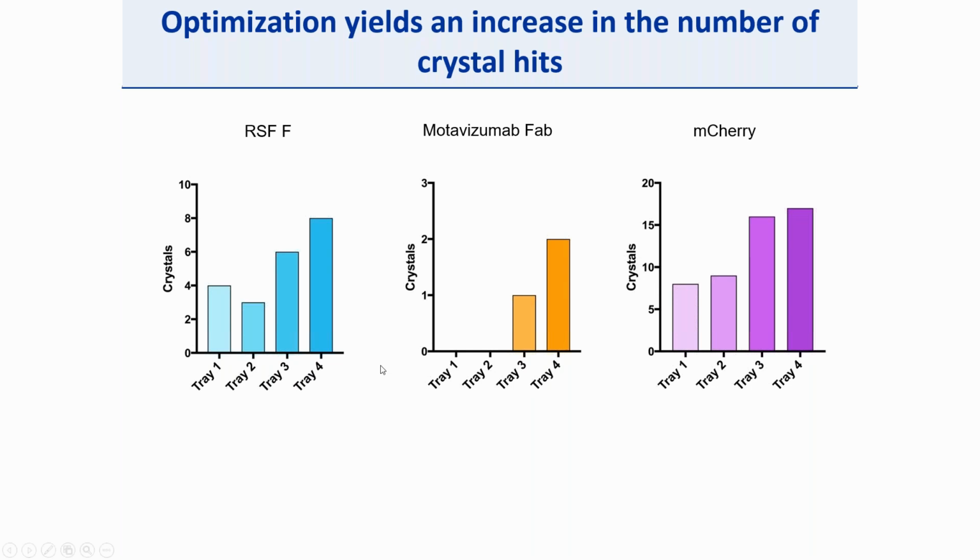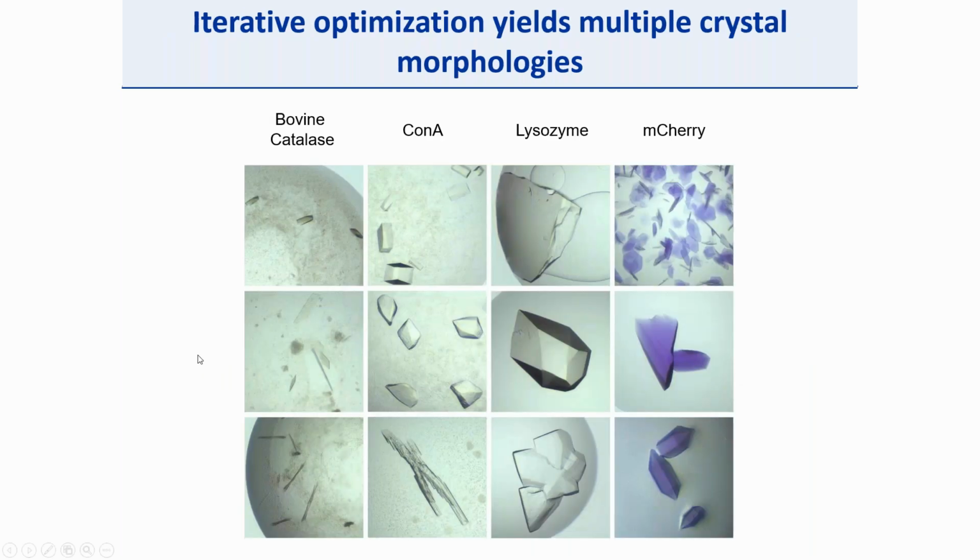And then lastly, one thing that was particularly useful about this method is that within each target protein, we identified multiple crystal morphologies. I'm sure many people here have experienced the situation where you get a beautiful looking crystal, you take it to the synchrotron and put it up for diffraction, and it just doesn't diffract at all.